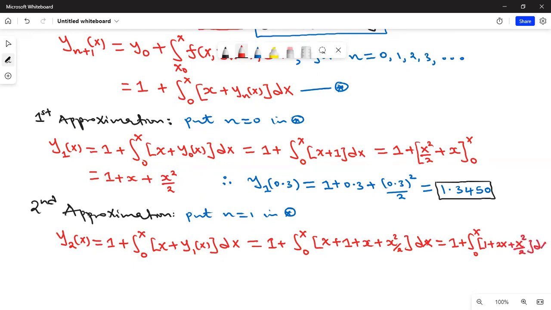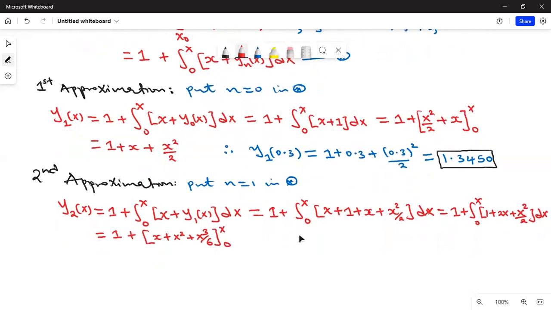Integrate with respect to x. And so when you work it out, you need to get 1 plus, that integral will give us x plus x squared plus x cubed over 6. Remember, the limits are from 0 to x.